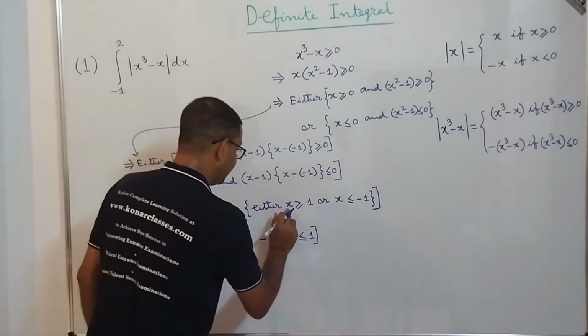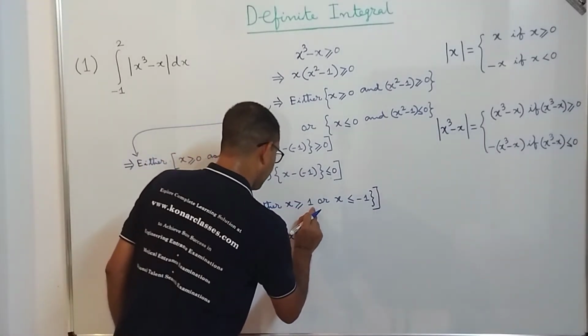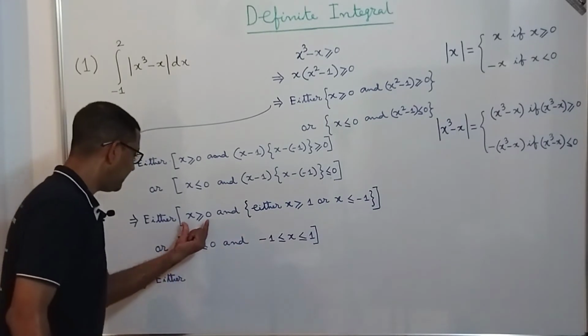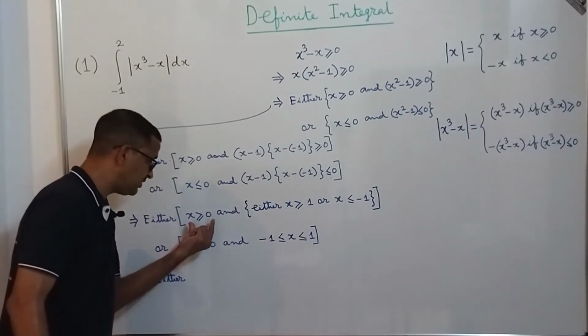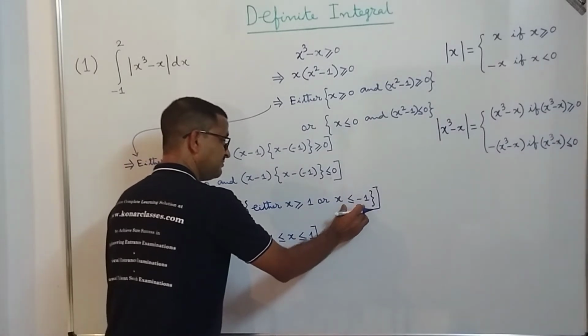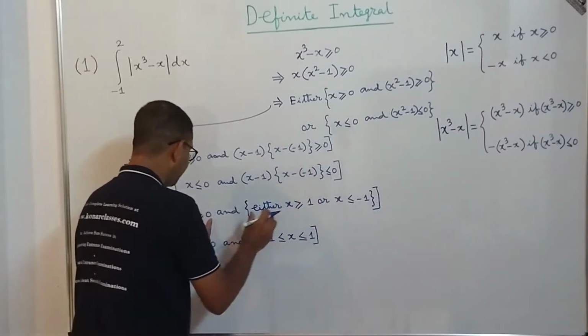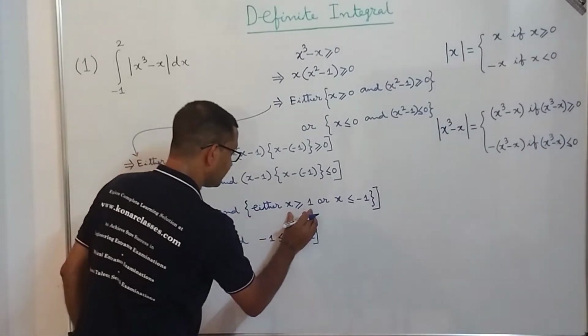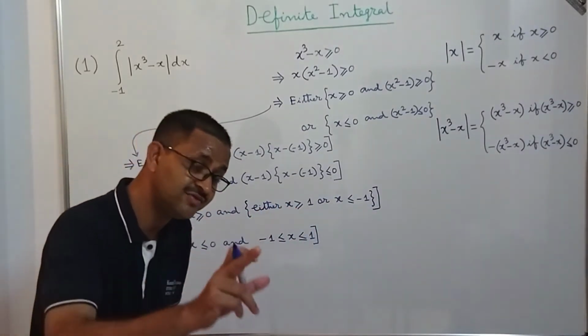Along with that, either x is greater than or equal to 1 or x is less than or equal to minus 1. When x is greater than or equal to 0, x less than or equal to minus 1 doesn't make sense. So we get x greater than or equal to 0 and x greater than or equal to 1, that means x is greater than or equal to 1.